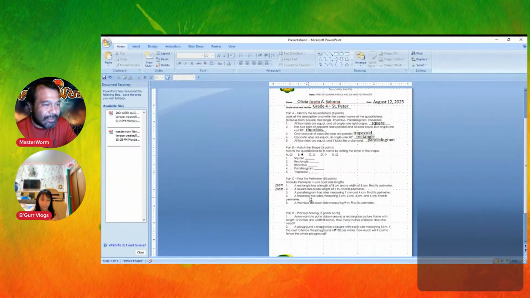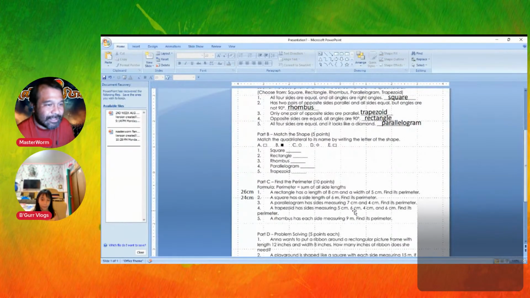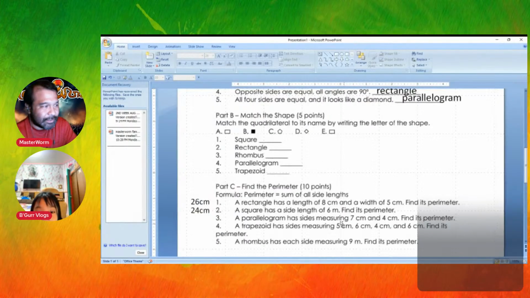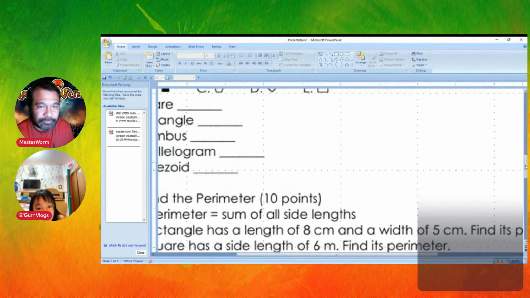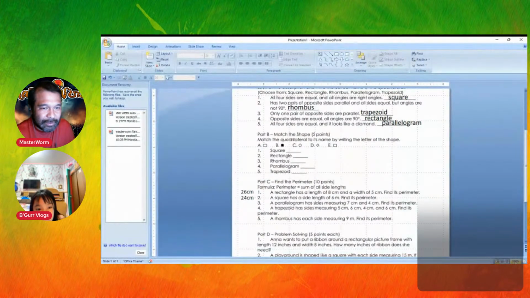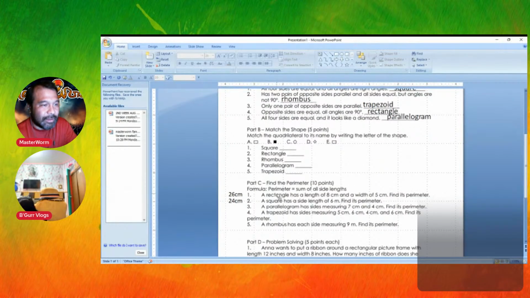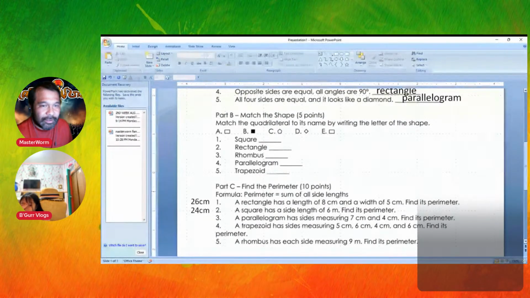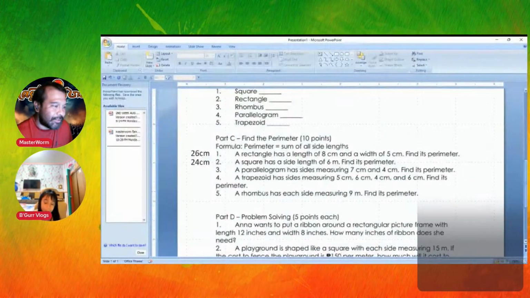All right. So the parallelogram figure here has sides measuring 7. That's the next question. I want to answer it for you, but you have to answer it by yourself because it's hard if you get your exam and you don't know how to answer it. Okay, baby? You have to answer it yourself.